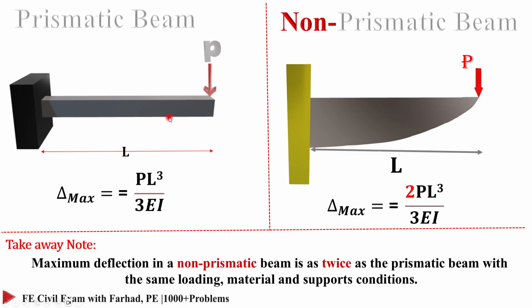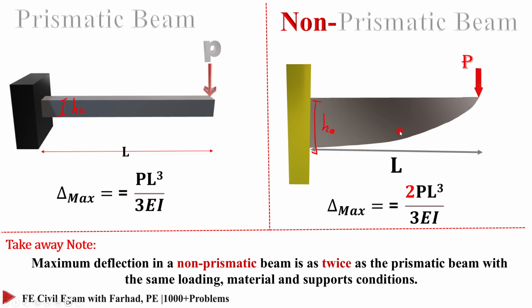And that also makes sense because, if this is both of them, just assume the thickness remains H naught here, and this is H naught and just varies to the other end of the beam.